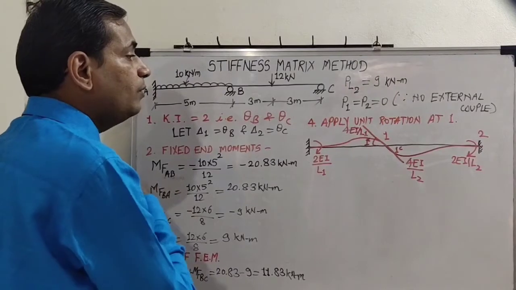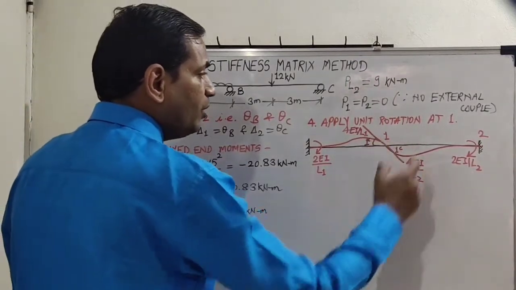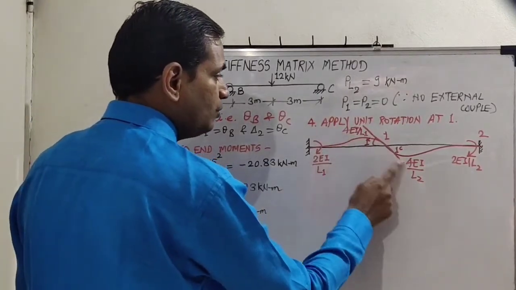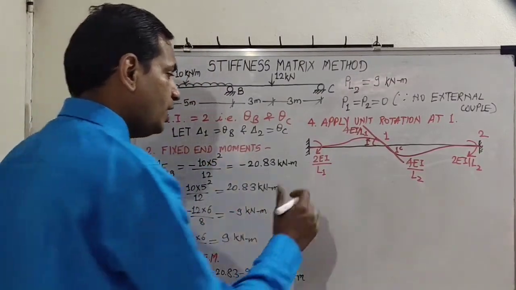So we will have to find now what are the reactions induced because of the action applied on 1. So what is reaction induced on 1? These two values together. So this will be K11. What is K11?